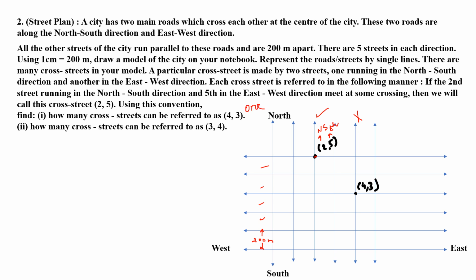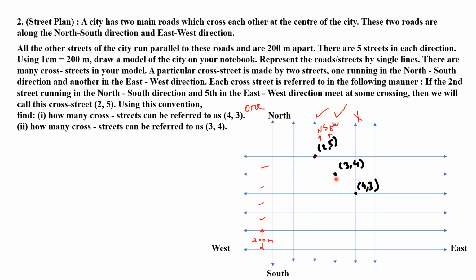Now in the same way, the second question is how many cross streets can be referred to as 3, 4? Now 3 is again your north-south, 3rd street: 1, 2, 3. Then the 4th street you take in the east-west direction: 1, 2, 3, 4. So this is your intersection point. This is your 3, 4.